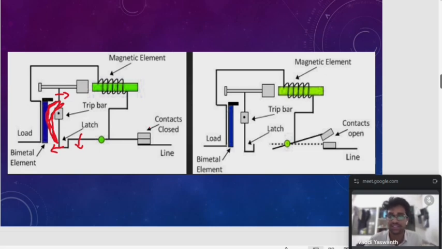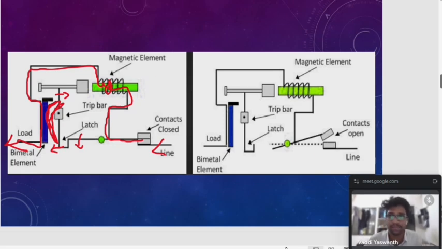This prevents damage to the appliances used in the load circuit. This is how the current flows normally: the line comes like this, and in this solenoid it loops again like this. Now this is a normal circuit.